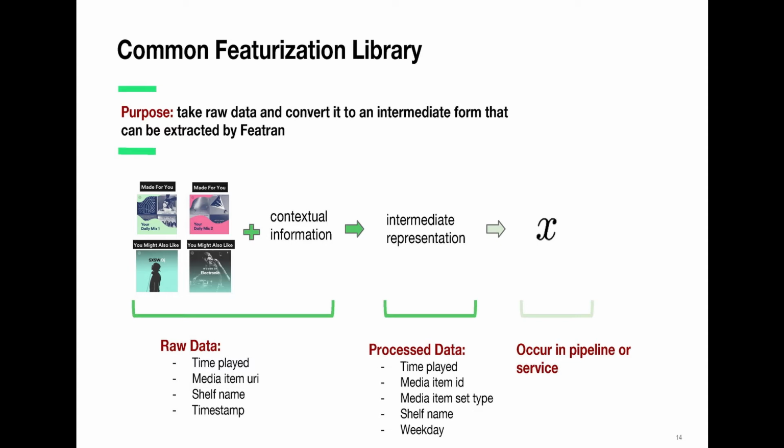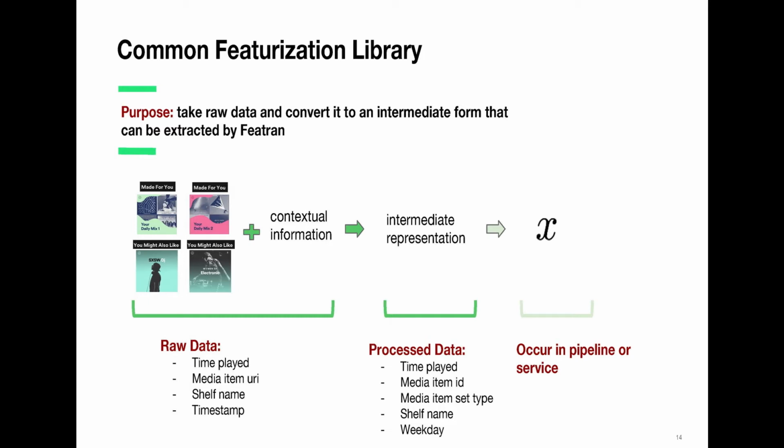And then from the media item URI, we're going to get two other features, which is the media item ID, which we use because for media items such as daily mix, there's going to be a unique URI for each individual user. So it's not going to be particularly informative if we want to train a model to predict if you like daily mix.